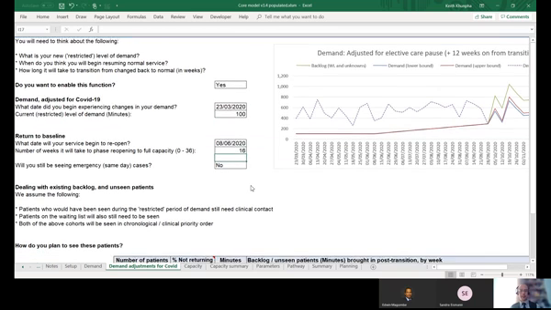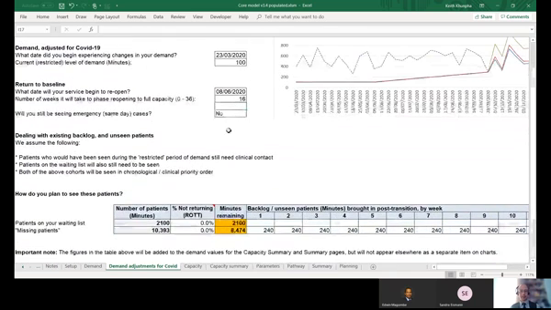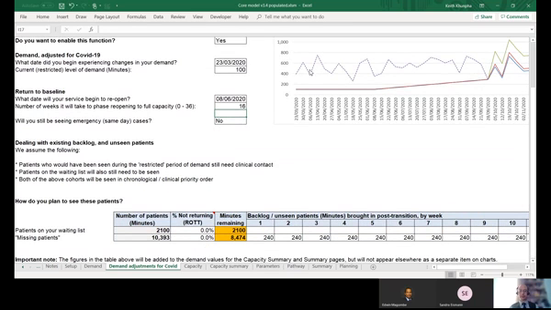Beneath this part of the sheet, we've also got a small section which just lets us look at that hidden patients cohort. So you might have seen that there is this dotted line, which is what we would have expected under normal circumstances.